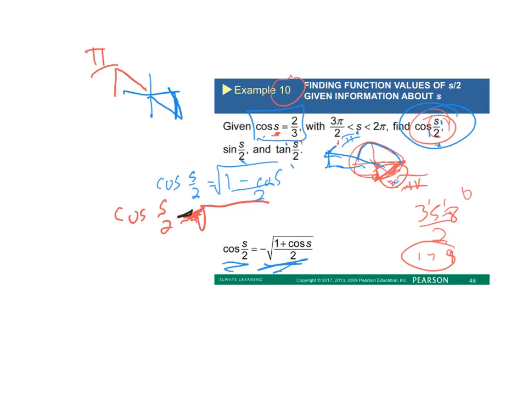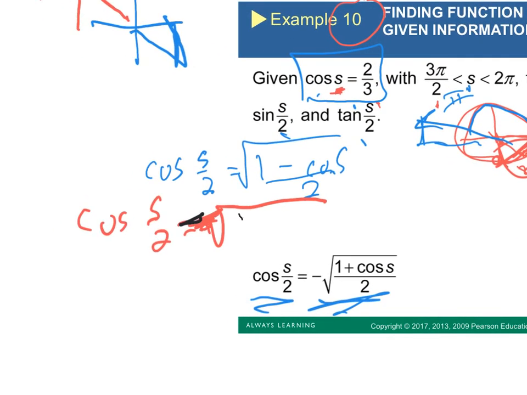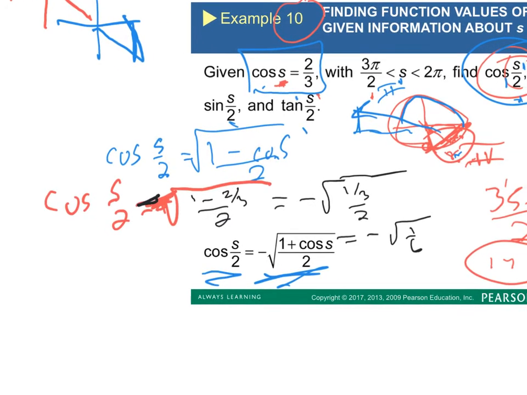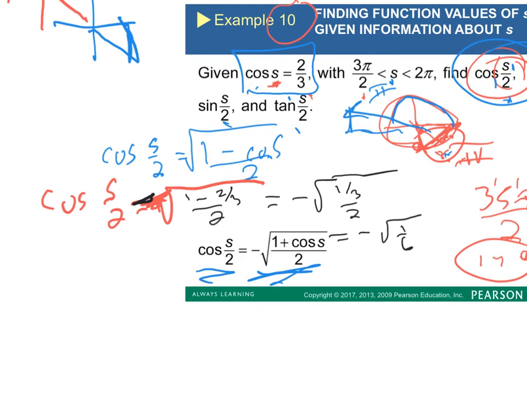If I had you guys in watching me, you'd be catching it. 1 minus 2/3 all over 2 minus, 3/3 minus 2/3 is 1/3 divided by 2, which really means negative square root of 1/6. We'll check our answer afterwards. I hope I'm right.